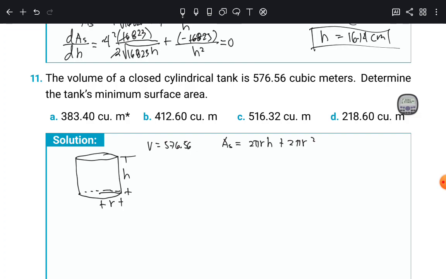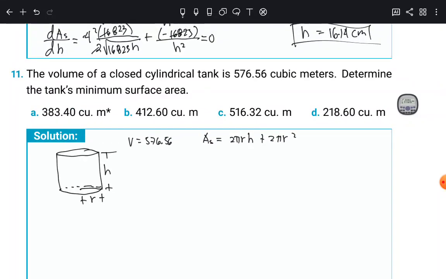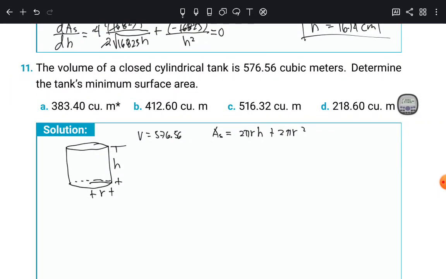And again, if you look at the right side, there are two variables that we're looking at. It's r and h. So just like what we did from the previous example, we just need to find the constraint between the two. And again, we use the volume of the cylinder. So the volume is 576.56. This will be equal to the volume of a cylinder, which is the area of the base, pi r squared, multiplied by its height, h.